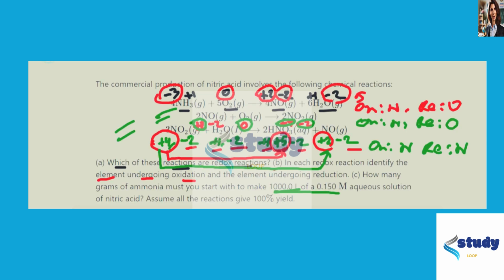Now from the balanced equation we can see that 2 mole of nitric acid is prepared from 2 mole of nitrogen dioxide. Oh no, it's 3 mole of nitrogen dioxide. So it will be 3 mole of nitrogen dioxide here.